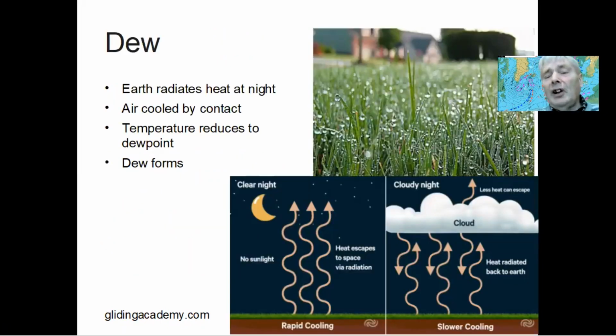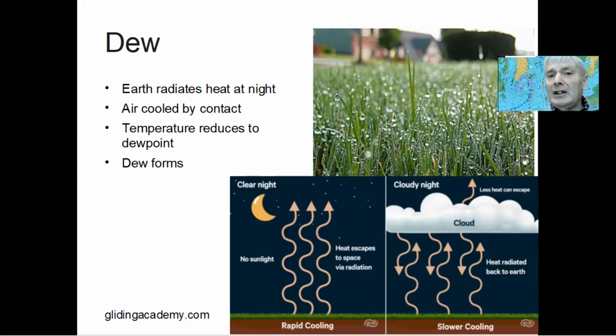Moving on to things like dew. Well, the sun heats the ground and the ground heats the air. We've already discovered that. And at night, the earth no longer has the benefit of the sun warming it, and the excess heat in the earth's surface itself is radiated off at night.